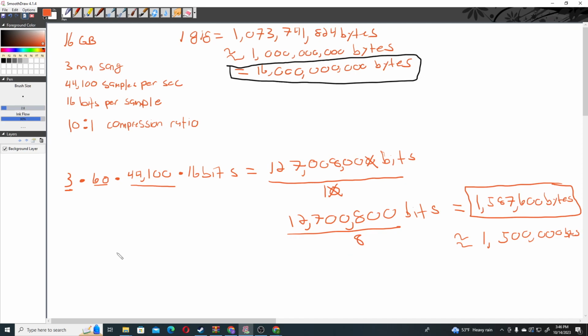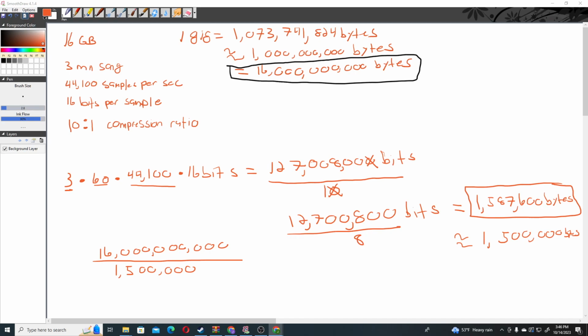Okay, so let's go ahead and do some division. We're going to take 16 billion. These numbers are huge. And we're going to divide it by 1,500,000. So 16 billion divided by 1,500,000.